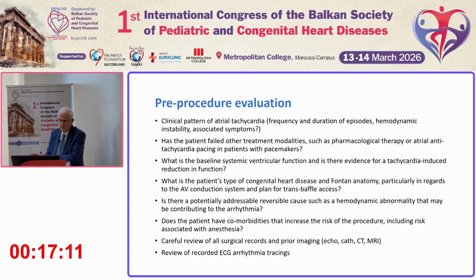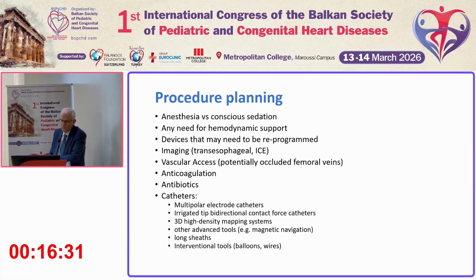First of all, we look at the pattern of atrial tachycardia, the frequency of episodes and the symptoms, if the patient has been tried on medications, or if he has an underlying paced rhythm and a need for anti-tachycardia pacing, what is the ventricular function, what's the type of congenital heart defect, such as in Fontan patients who may need a transbaffle access, if there is a reversible problem, if the patient has comorbidities, and then we carefully review all the surgical records and imaging and the ECG tracings.